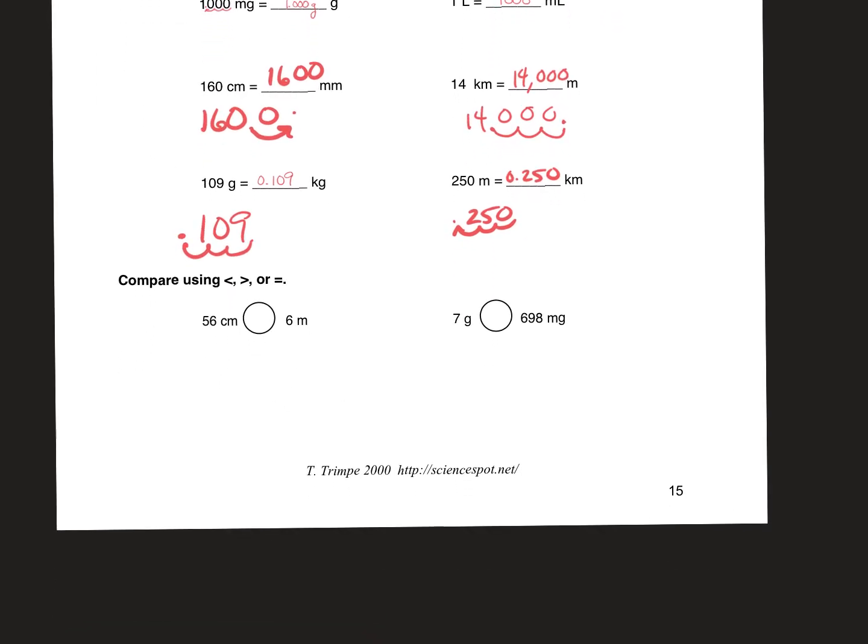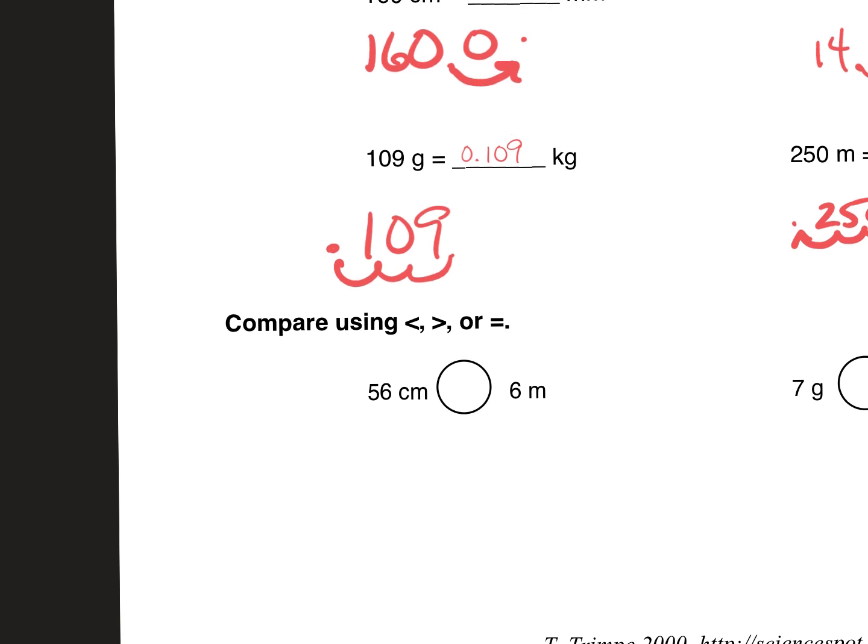Okay, let's take a quick look at the last two here. Your job is to see which of these values is greater or less than, or if they're equal. In order to compare these two measurements, let's take a look at centimeters versus meters. You've got to convert one to the other. Either convert meters to centimeters or convert centimeters to meters. I think I'll convert centimeters to meters.